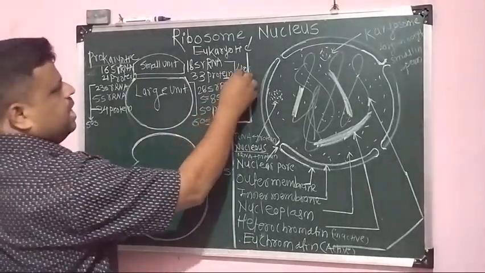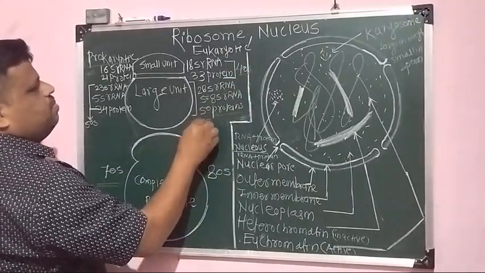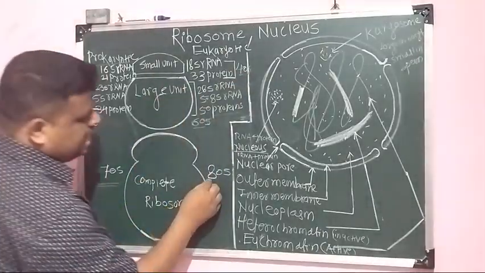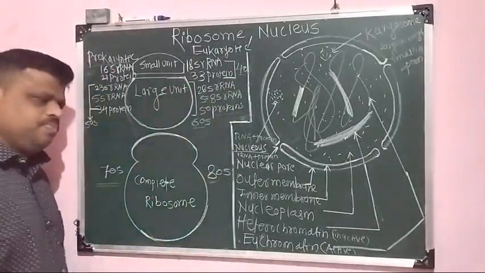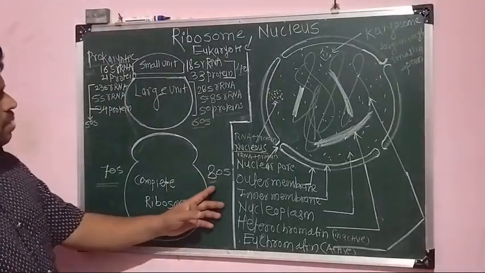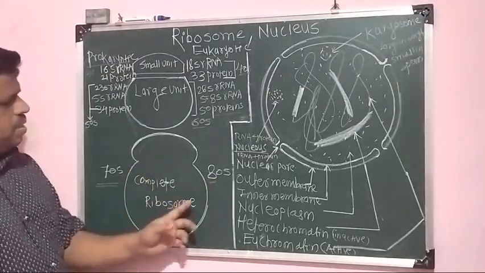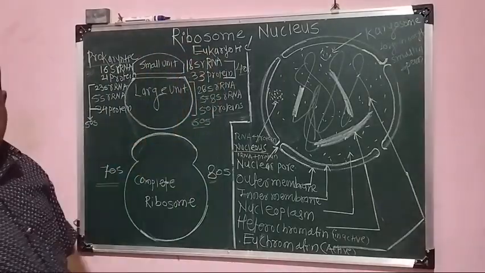So this 40S plus 60S now becomes an 80S type of ribosome. Understood? Again, this is a typical ribosome found in the eukaryotic cell.